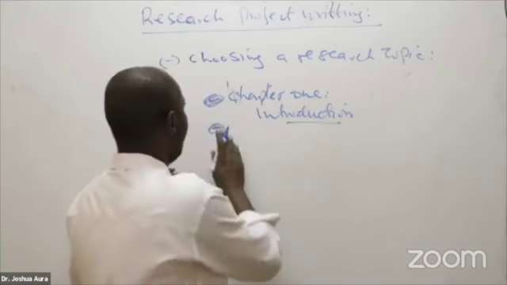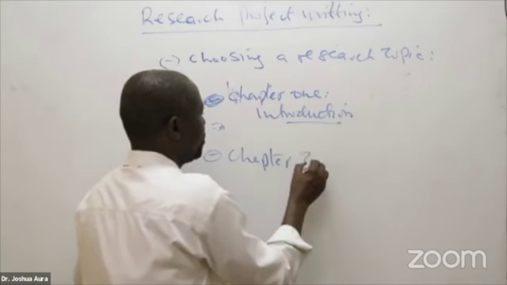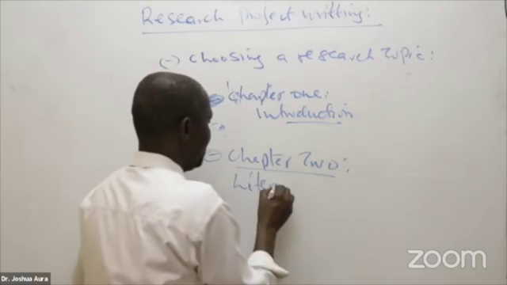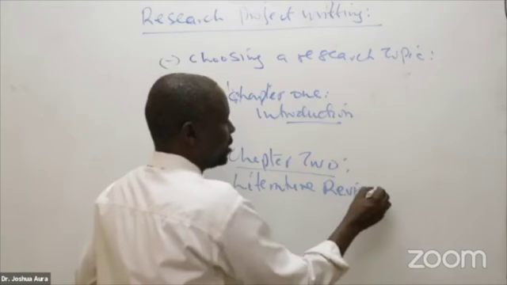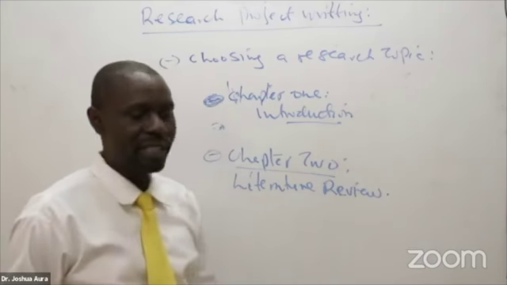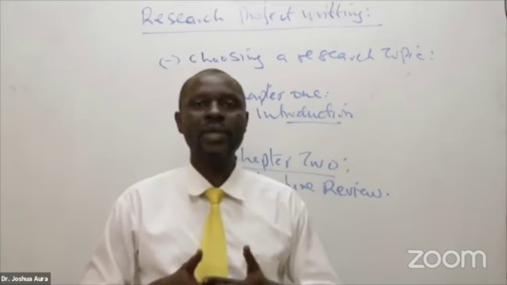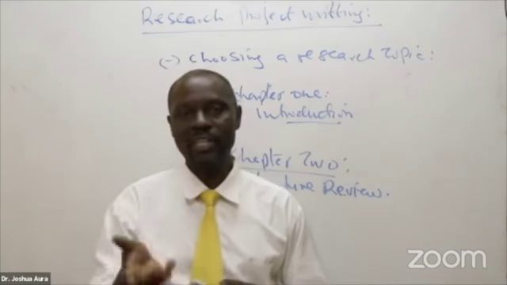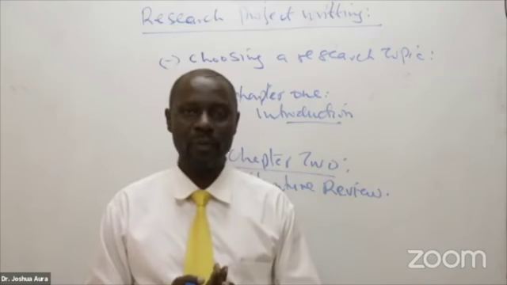Then the other one is chapter 2. Chapter 2 is literature review. What is literature review? This is where you present various writings and publications that have been done on that topic.